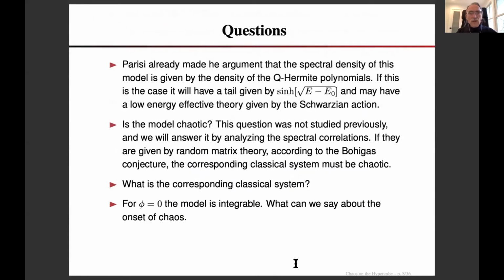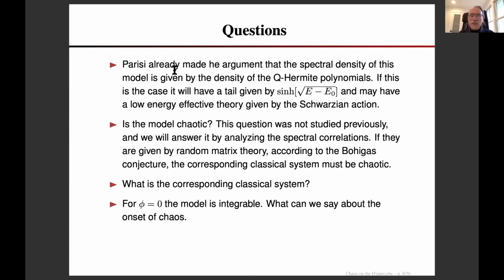Some of the questions we would like to find out, and that is also why we started looking at that, is that Paris already discovered that the spectral density of this model is given by the Q-Hermite polynomials, the density function of Q-Hermite polynomials.